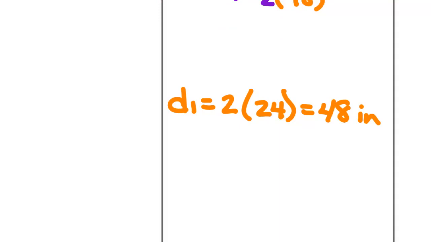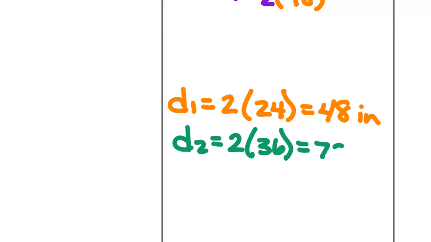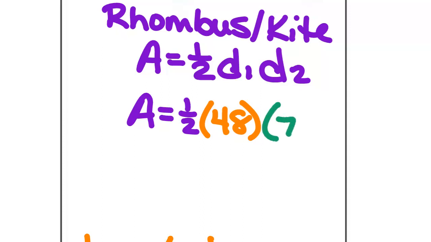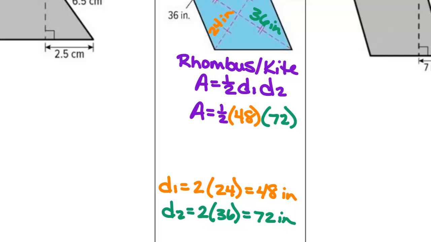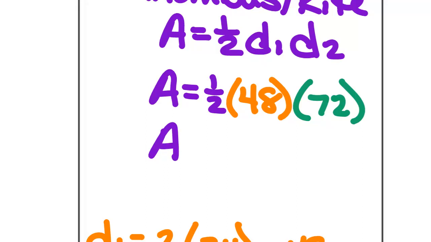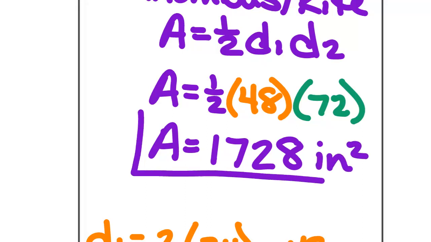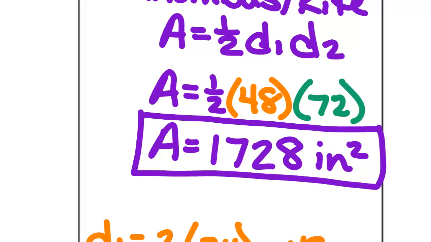So diagonal 2, I have 2 segments that are both 36 inches. 2 times 36 comes out to be 72. So diagonal 2 is 72 inches. So 1/2 times 48 times 72 gives me an area of 1,728 inches squared, because I had inches times inches. Area is always squared units.